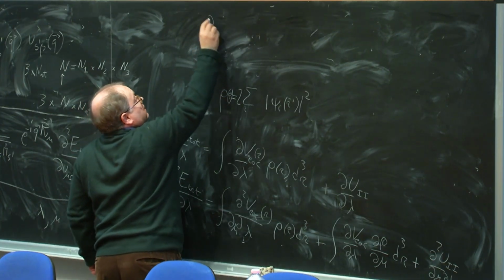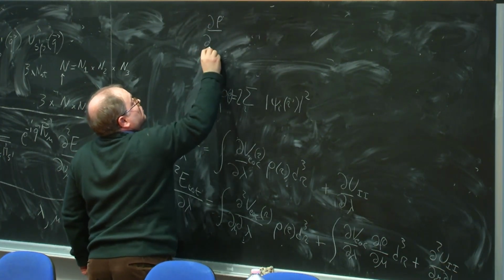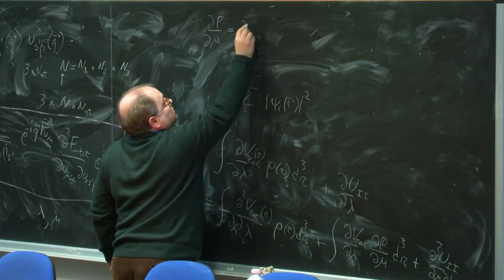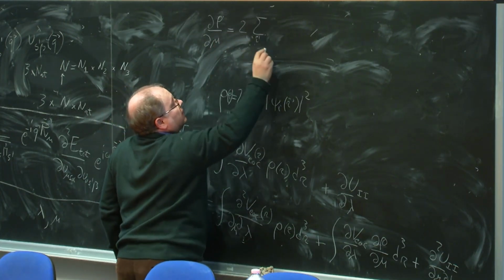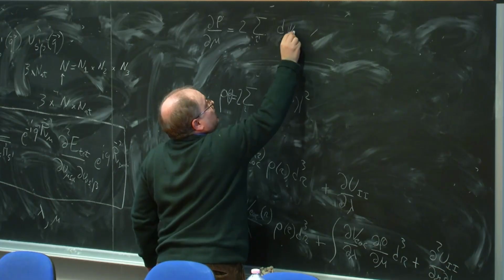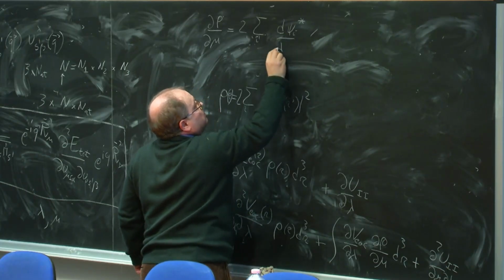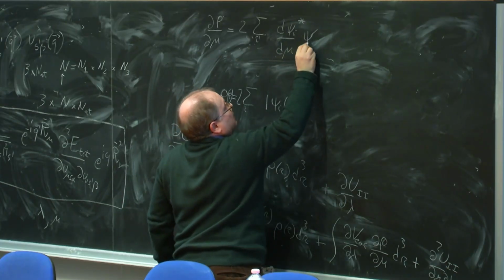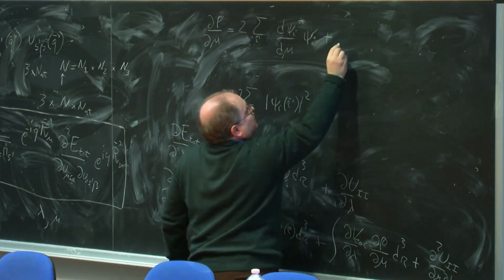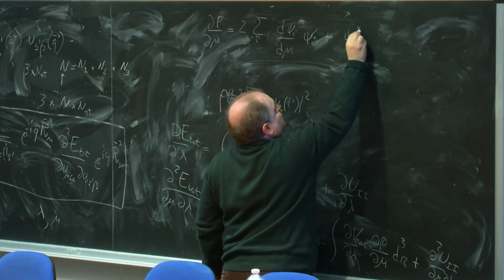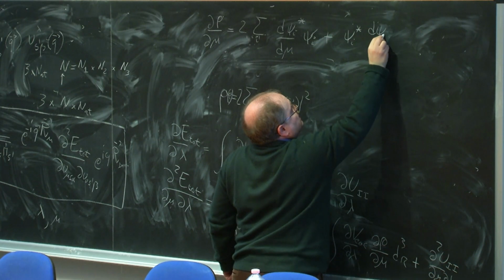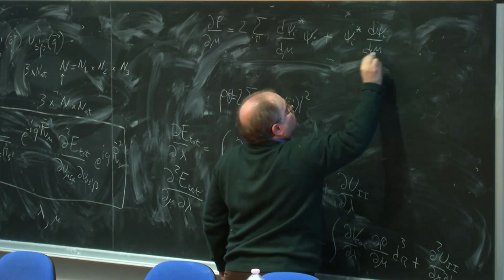So the derivative of rho with respect to mu is equal to twice the sum over i, d psi star over d mu psi plus psi star d psi over d mu.